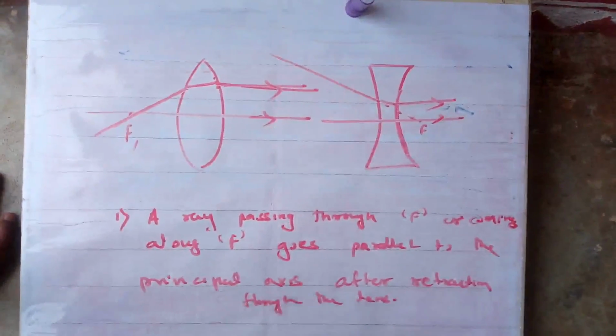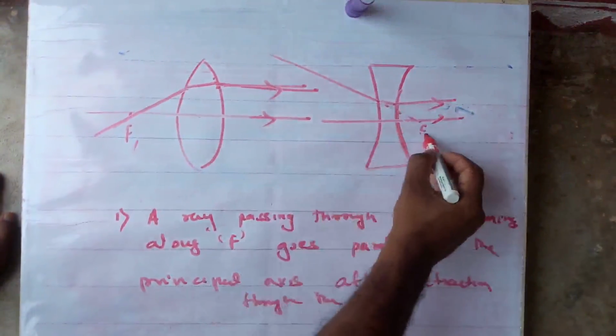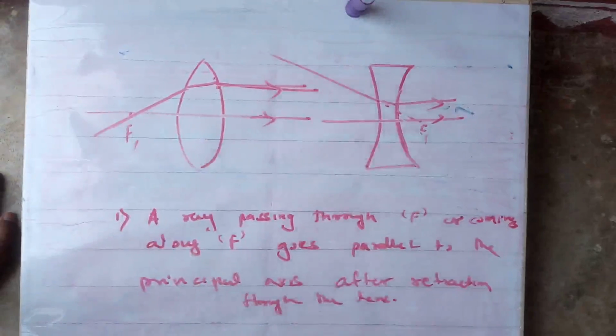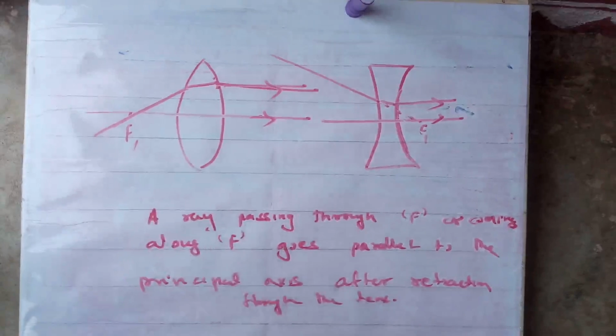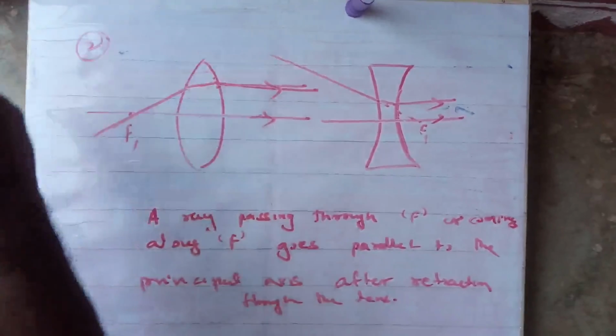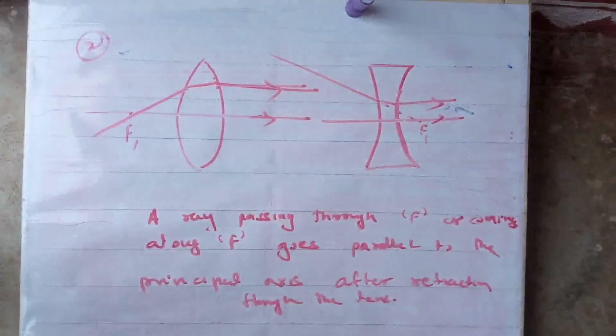That means a ray coming to the lens along the line of focus or through the focus becomes parallel after refraction through the lens. Clear? This is the second point. Clear?